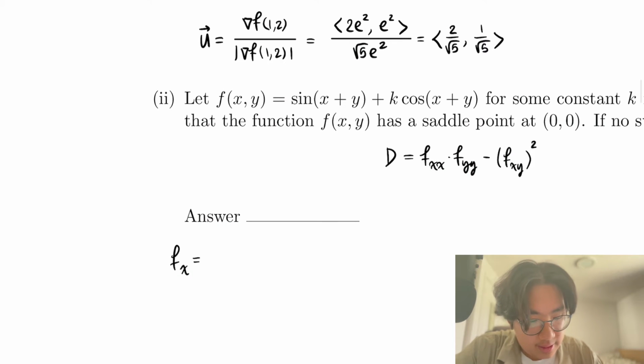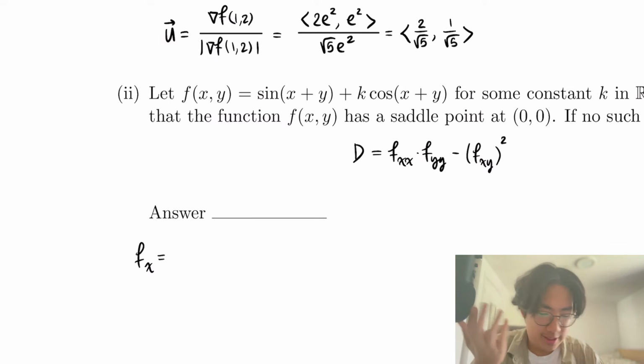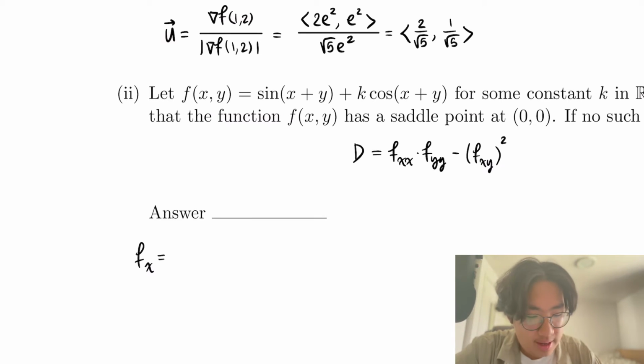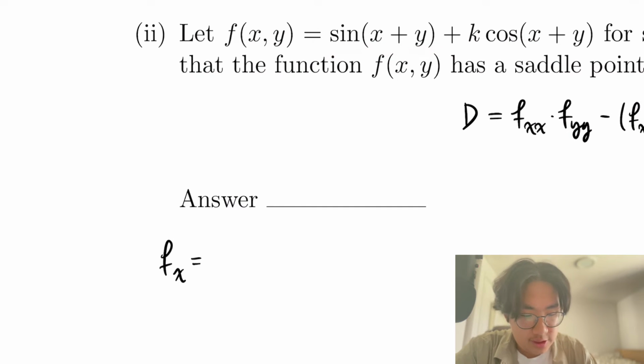So f sub x, again, we're taking x as a variable. Both of these do include x and y, so you can take them as you do normally. Here we have the derivative of sine, which is just cosine, so cosine of x plus y.